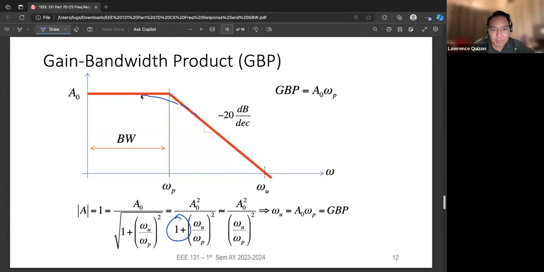The actual magnitude response is like that. So for your Bode plot, it doesn't matter, right? Kapag malayo si omega u kay omega p, no? So kapag malayo si omega u at si omega p, you can remove the +1, right? Which gives us A naught omega p is the gain bandwidth product. But think about this.